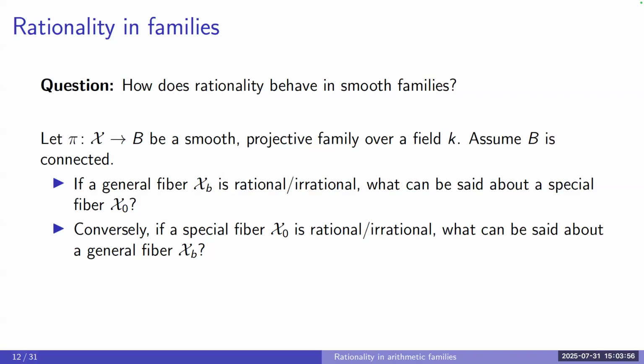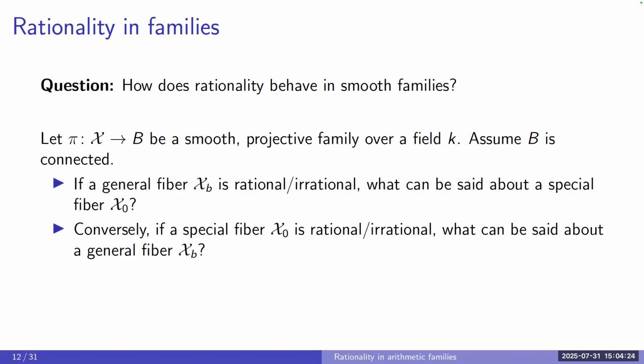If I remove this word smooth, then basically rationality doesn't have to behave nicely. So for example, I can take a family of cubic surfaces which are rational, and they can degenerate to a cone over an elliptic curve, which is irrational. I could take a family of cubic threefolds, which are irrational, and degenerate them to a nodal cubic threefold, which is rational.